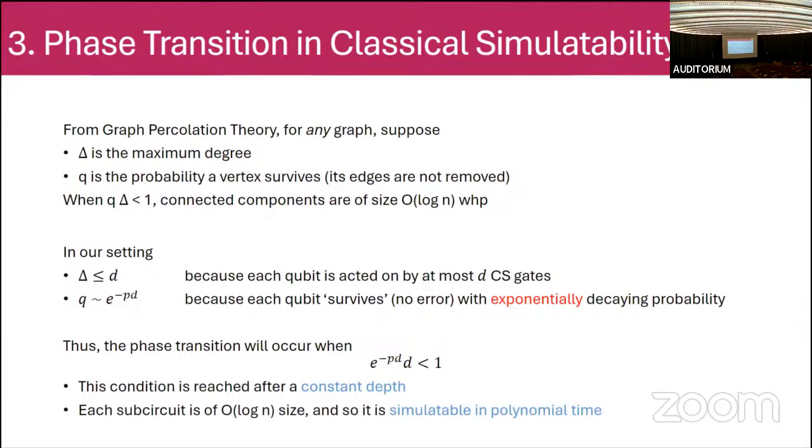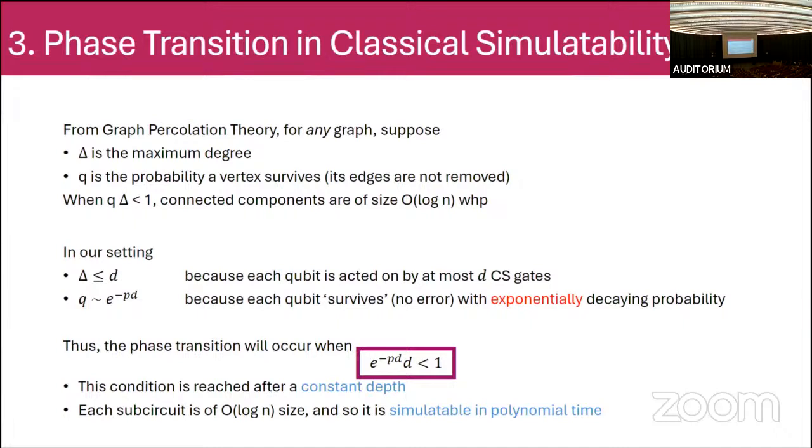So after a constant depth, all of your subcircuits are of size O(log n), and you have a polynomial time classical simulation algorithm. And I want to emphasize this point because it's getting at the heart of what this classical simulation algorithm takes advantage of: your entanglement in this IQP circuit is growing linearly, in a sense.